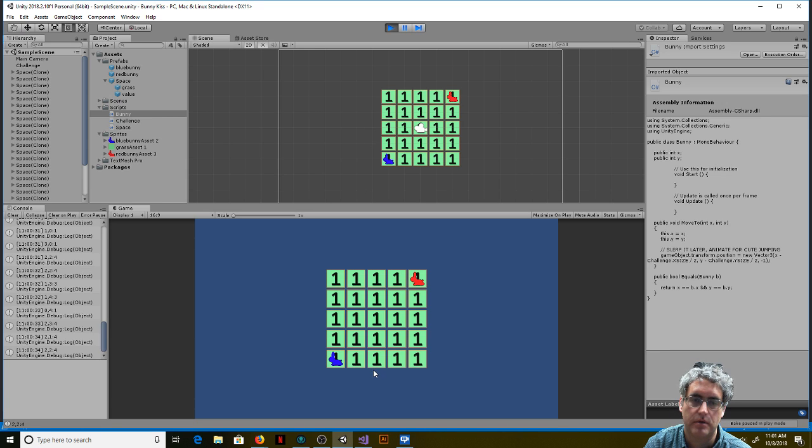A bunch of 1s. Don't even get a 5. Make sure we can still move all our bunnies around. Okay, and so why was that bunny not moving when it should have been moving? Both bunnies should have moved, right?